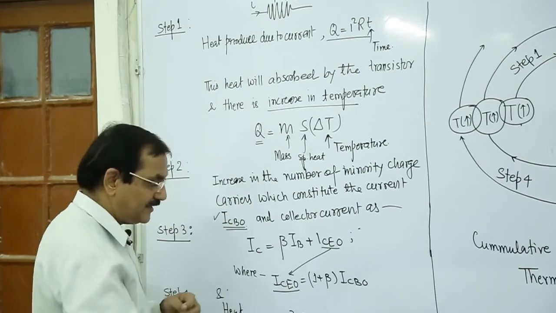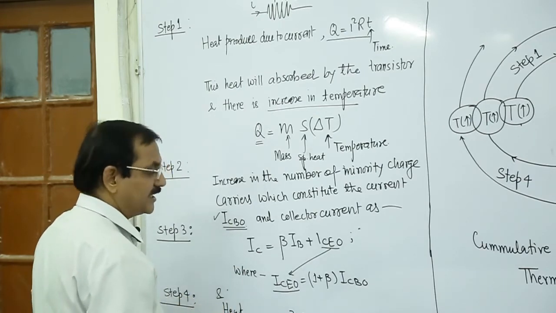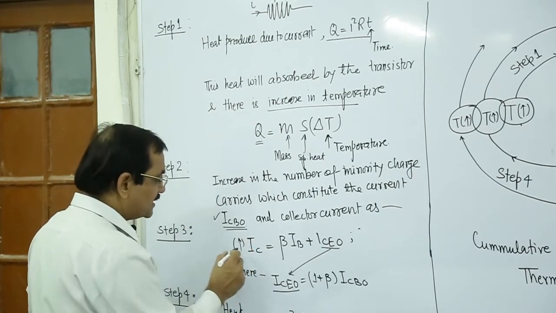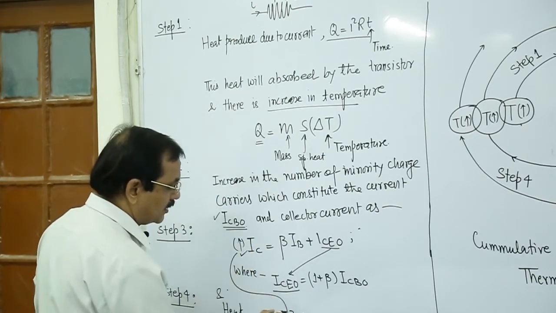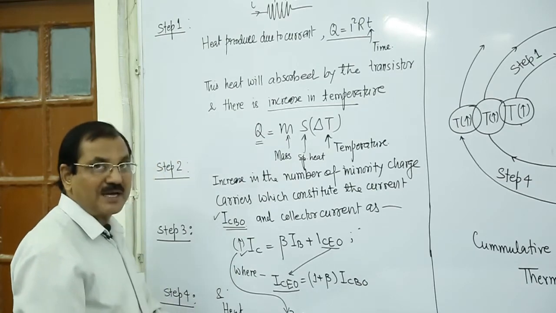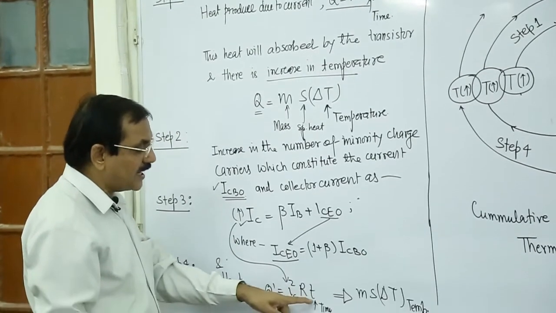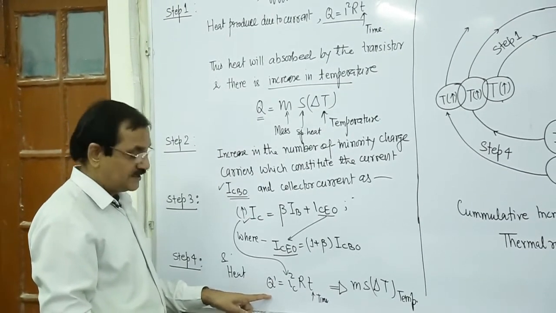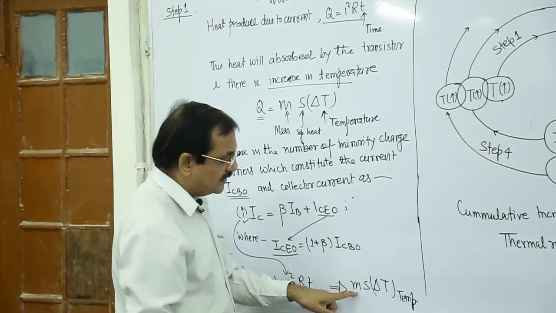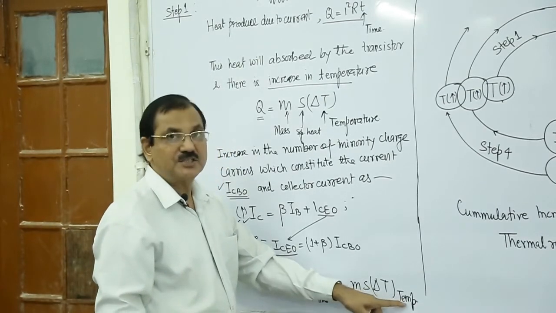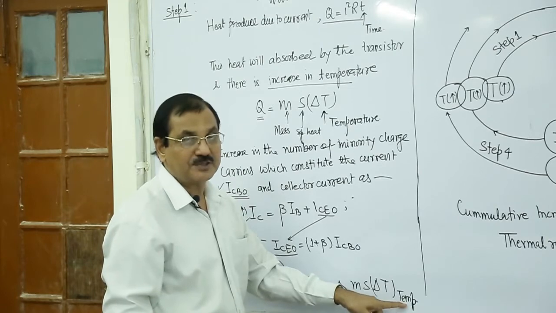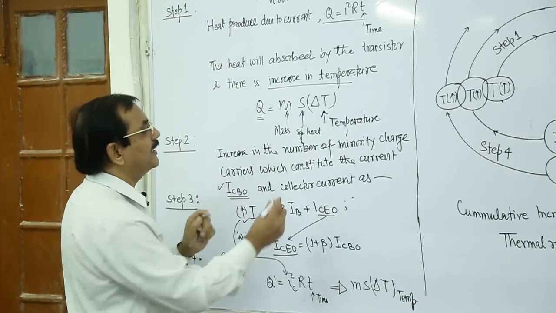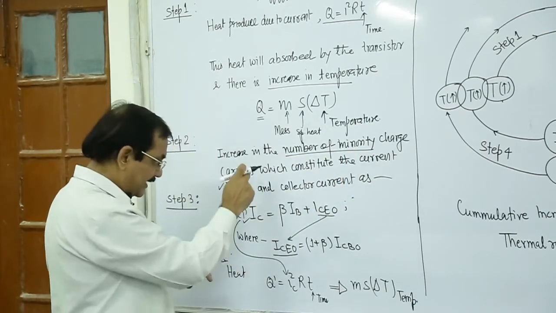That will amplify the amount of minority charge carriers. And if this increases, the corresponding current IC is larger, so this I square C RT will produce more heat. This more heat produces more temperature difference, delta T, and this more temperature difference again constitutes more minority charge carriers, and again this repeats.